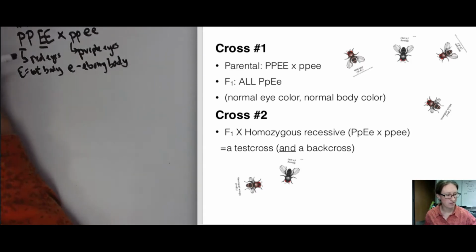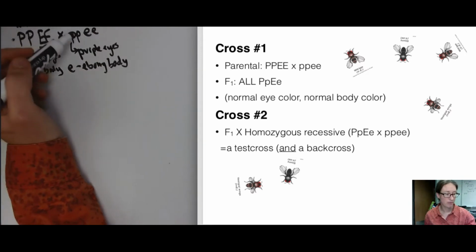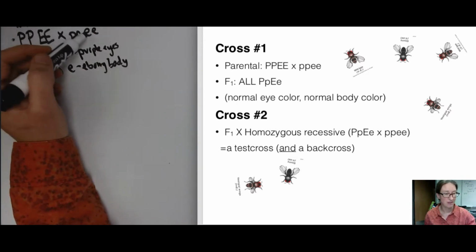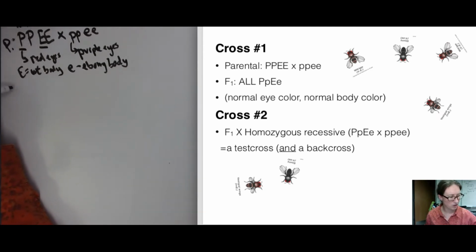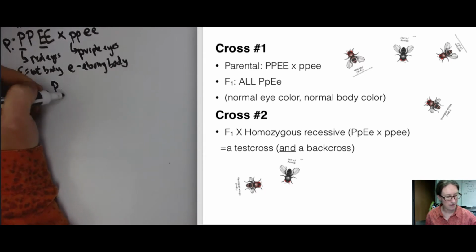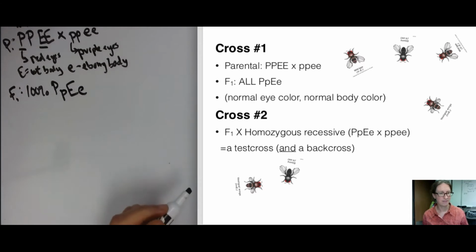So if we do that cross, think about our gametes, right? Parent number 1 can only make one type of gamete, big P, big E. Parent number 2 can only make one type of gamete, little p, little e. So what that means is that our F1 generation is going to be 100% big P, little p, big E, little e, right?